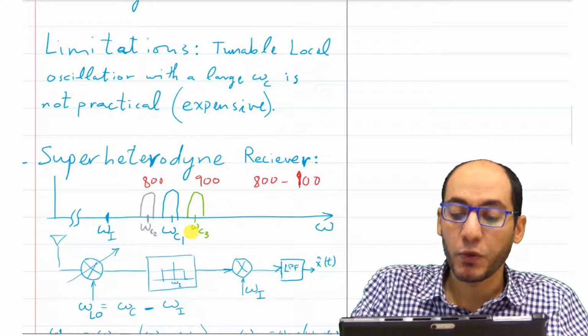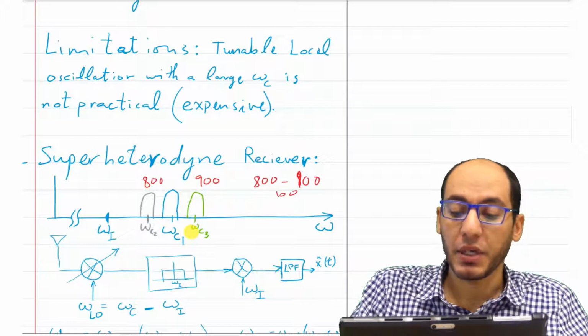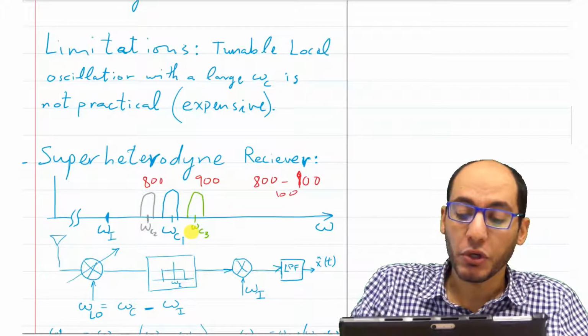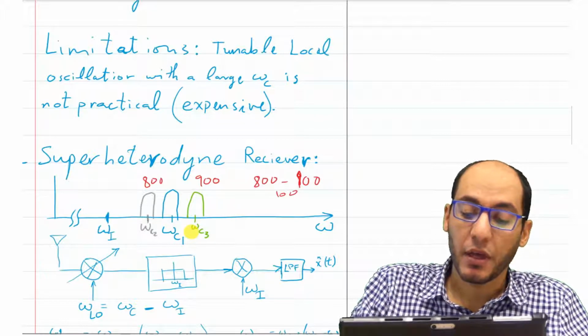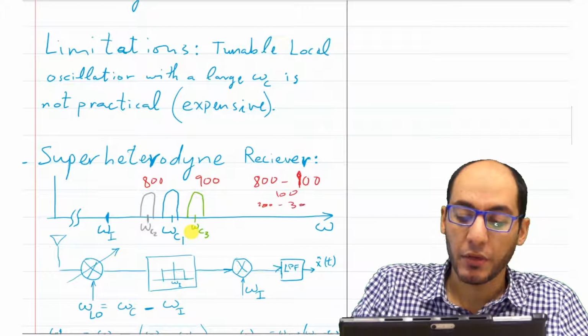Because this is 100 kilohertz, it is a large value, and you could even get a cheaper local oscillator if it was between 200 and 300.